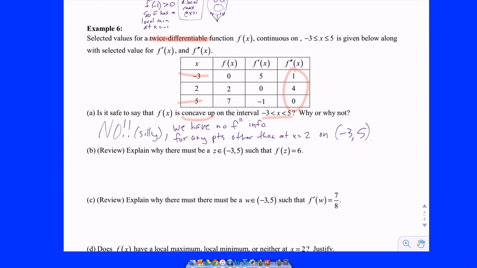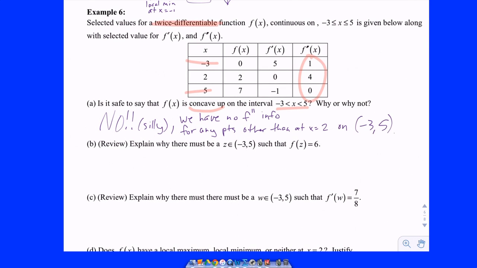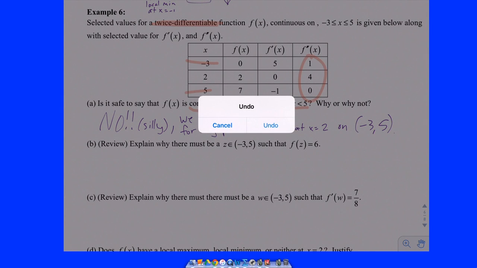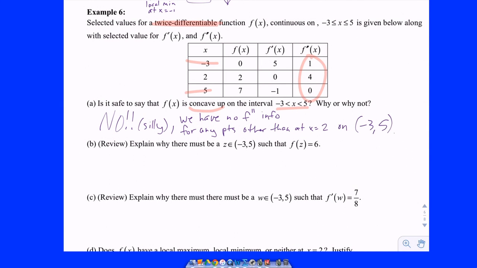We only know on the interior the concavity at a single point. And by the way, there are infinitely many points between -3 and 5, and we only have one of those, so we still are missing infinitely many points. And no, we're not going to take that bait and overgeneralize, right? That's not us.